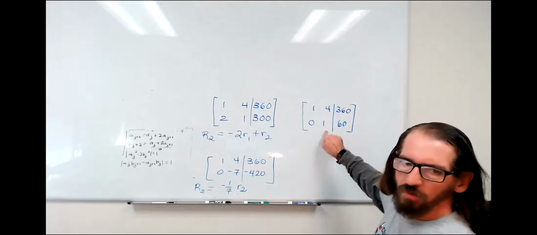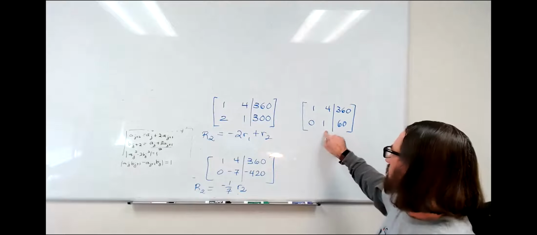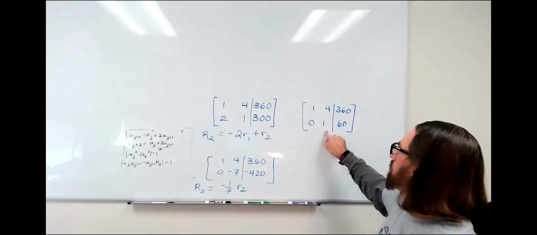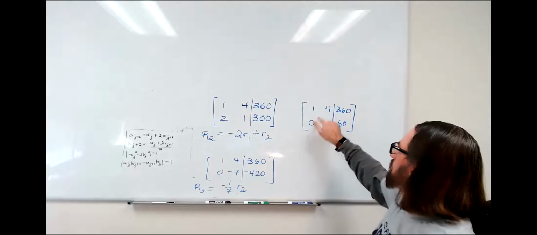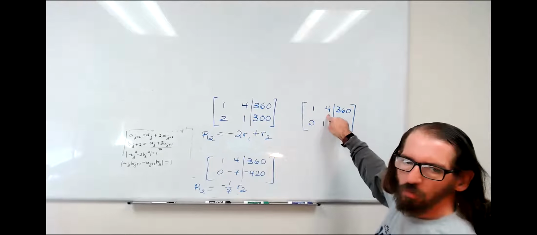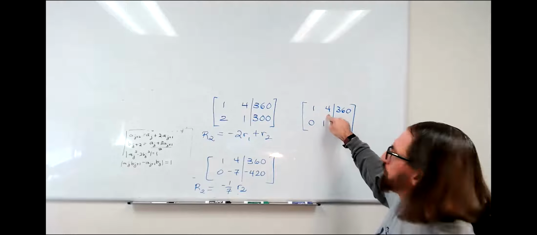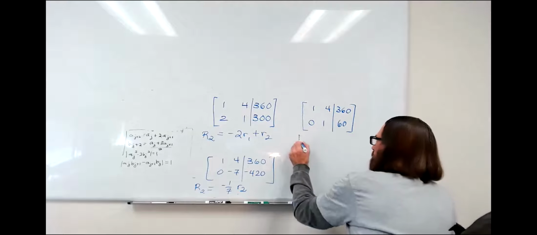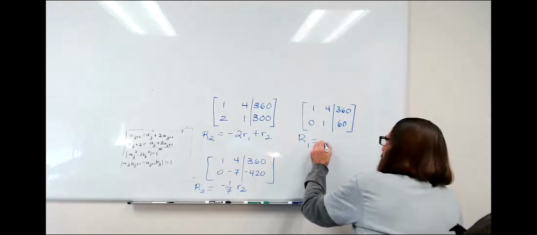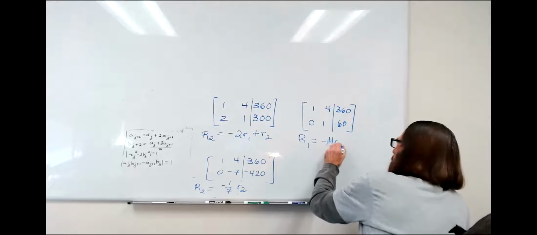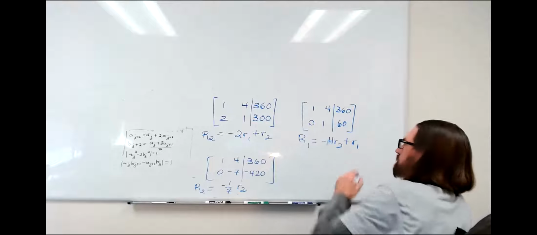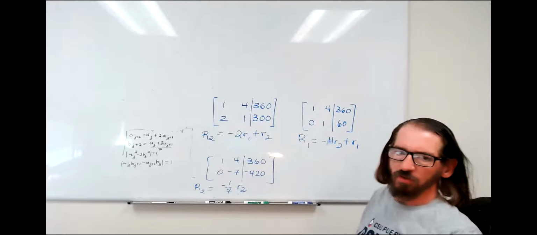Now that I've got the one on the diagonal there in row 2, column 2, I'm going to give that 4 above it to be a 0 by creating a new row 1, taking -4 times row 2 plus row 1 and get a new row 1.